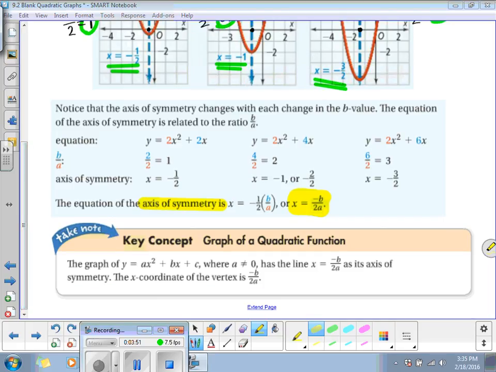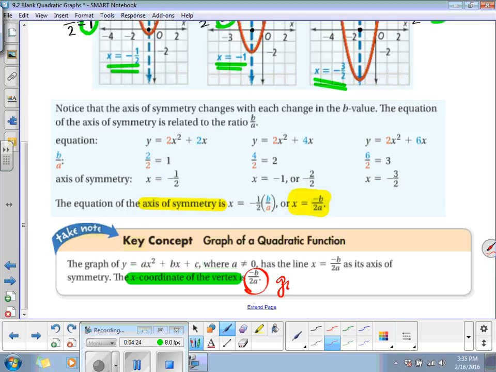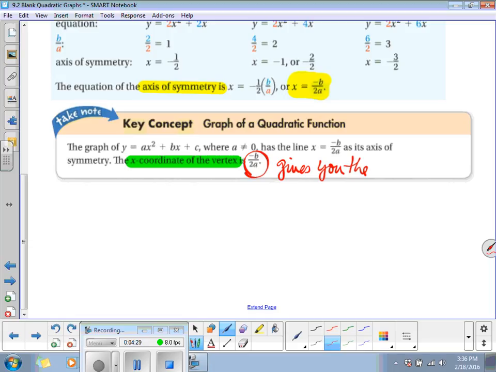All right. So the graph of y is equal to ax squared plus bx plus c, where a is not equal to 0, has the line x is equal to negative b over 2a as the axis of symmetry. Now here's another little bit of information. The x-coordinate of the vertex is also given by that ratio.